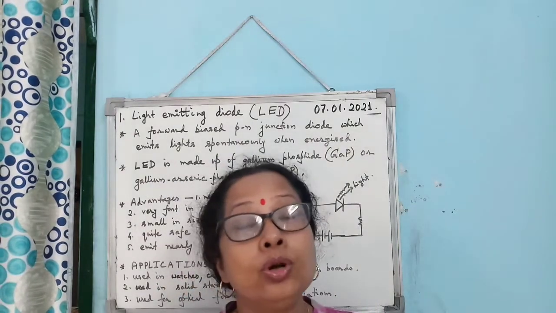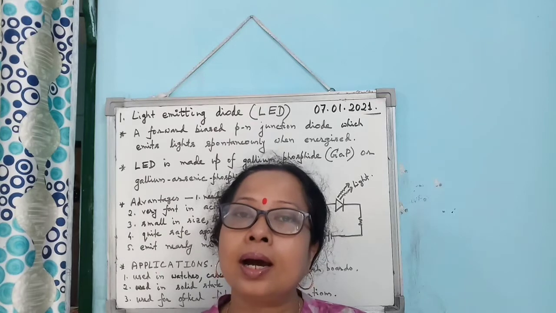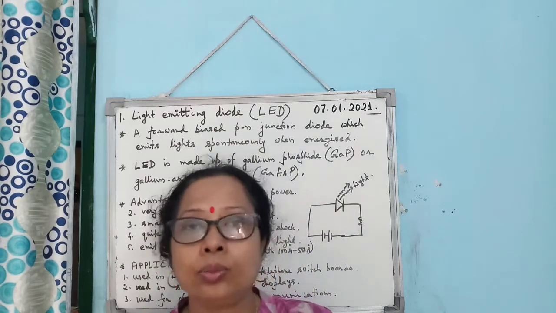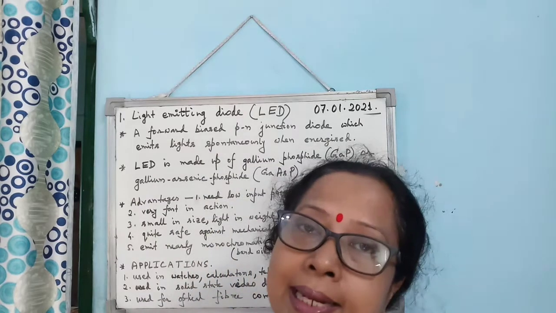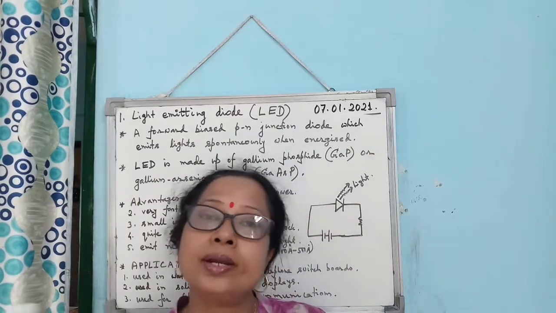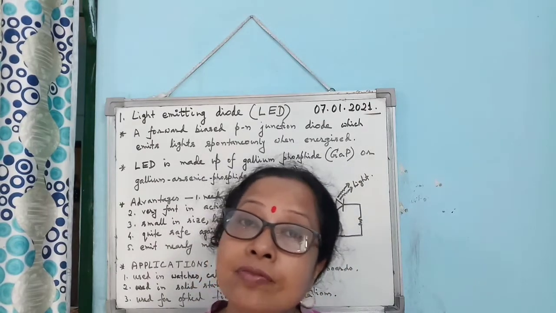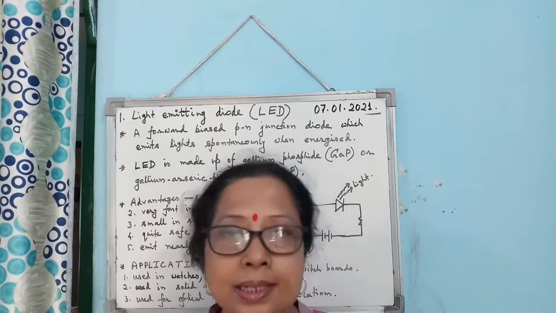Alright. So when we use an ordinary germanium or silicon diode, this energy lies in the infrared region. And as you know, the infrared region is invisible. We cannot see it, isn't it?